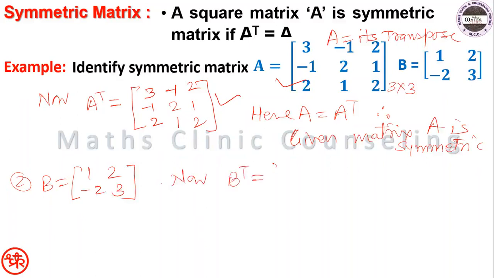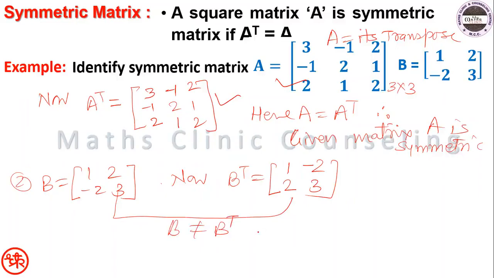B ट्रांसपोज इज इक्वल टू, पहला रो 1 2 है तो पहला कॉलम, दूसरा रो -2 3 है तो दूसरा कॉलम। ओके, नाउ अब ये दोनों में देखो कुछ रिलेशन है कि सेम है क्या? B इज नॉट इक्वल टू B ट्रांसपोज, एंड देयरफॉर B मैट्रिक्स is not symmetric. Is that clear? It is not symmetric.